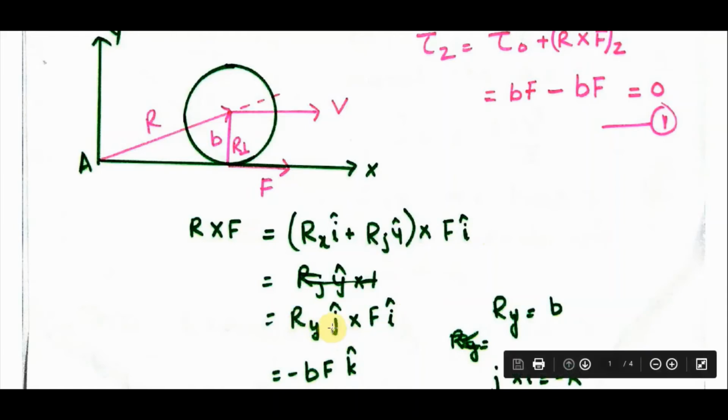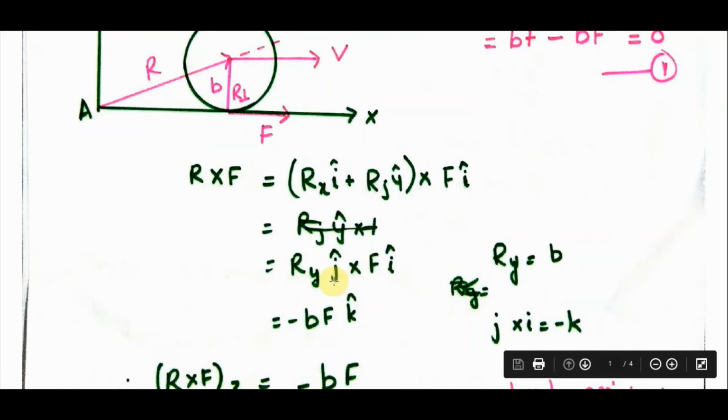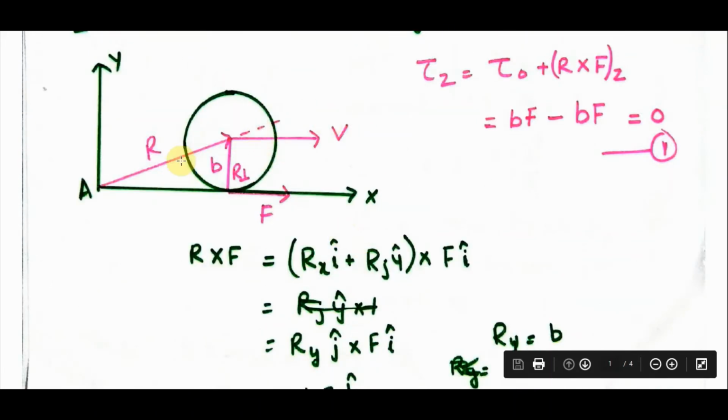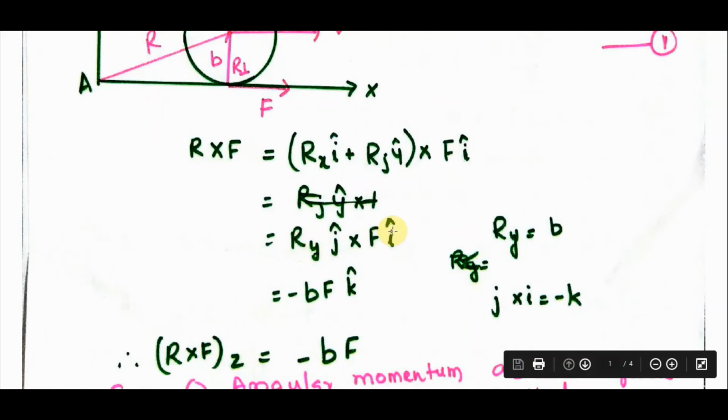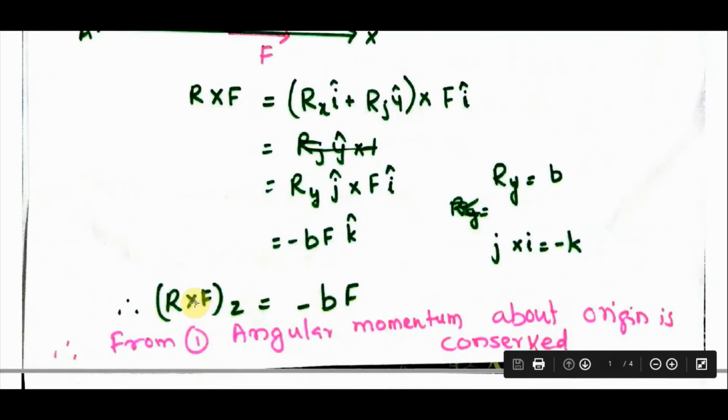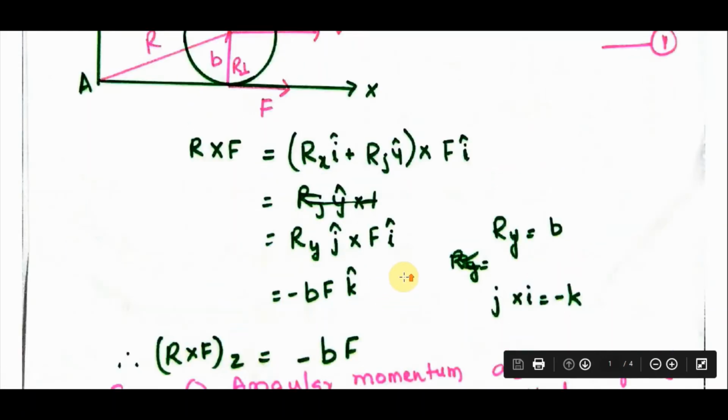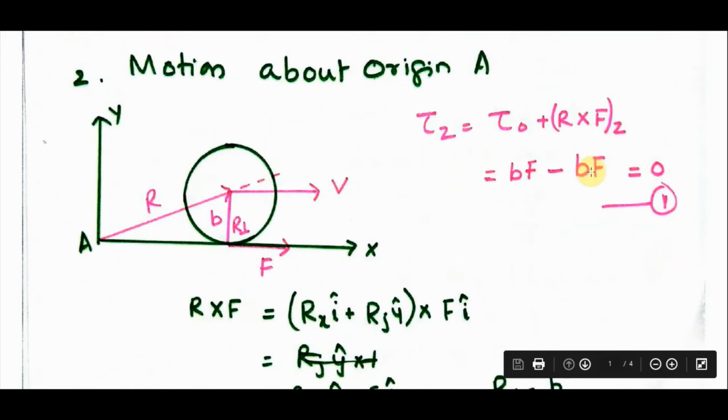So this is Ry j cross F i, that is equal to j cross i is minus, F Ry, the y component of R, that is this, that has got a magnitude equal to B. So you will get B into F, j cross i is minus k, so minus B F. So the z component of R cross F is minus B F. We can substitute it here so that the torque tau z will be equal to 0.